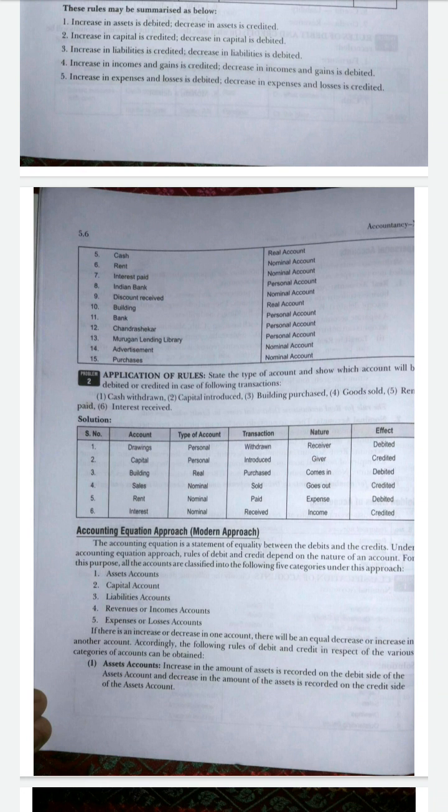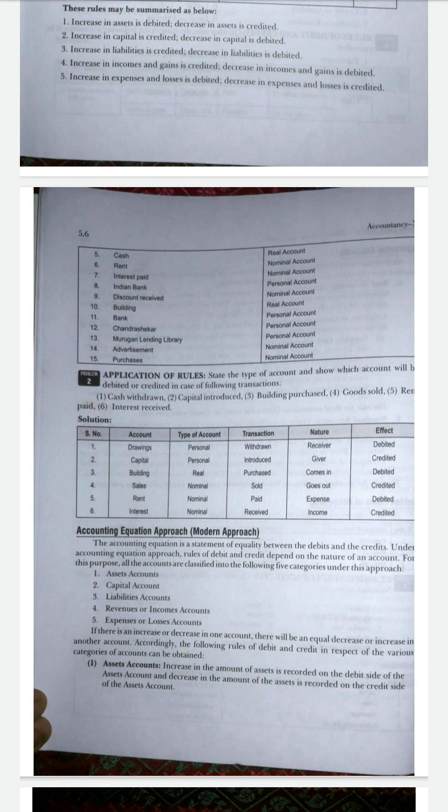The last one is interest received. Received is nothing but income. Income comes under the nominal account. So the type of account is nominal, the transaction is received, so the nature is income. Apply the rule: debit all the expenses and losses, credit all the incomes and gains, so the account should be credited.